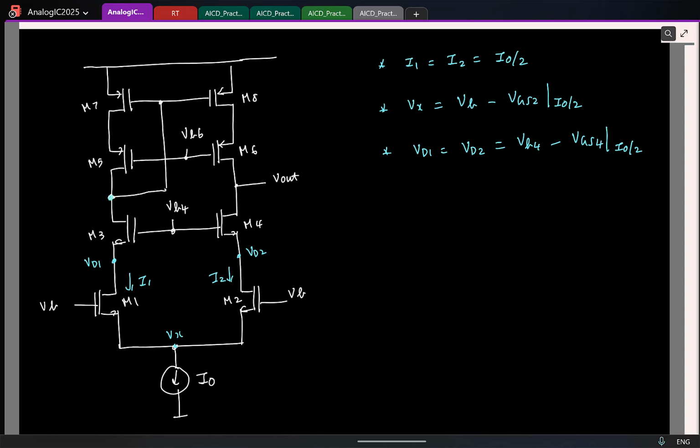So similarly, let's do this. Let me call this VD3 and VD4. So once again, VD3 has to be equal to VD4. But how is this voltage getting set? Remember this drain is same as the gate voltage of M7. Once again, what is the current flowing here?